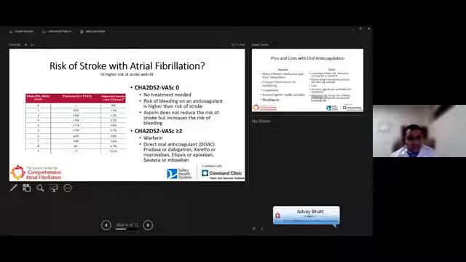called the CHADS-VASc score. The C in CHADS-VASc stands for congestive heart failure. H stands for hypertension. A stands for age. You get 1 point if you're over the age of 65, a 2nd point if you're over the age of 75. D stands for diabetes. S stands for stroke, where you get 2 points if you've had a stroke before.